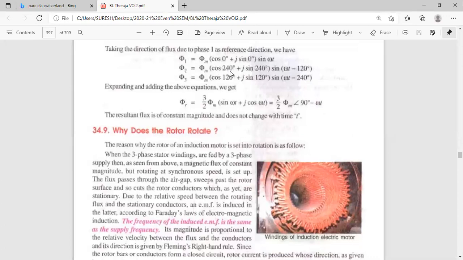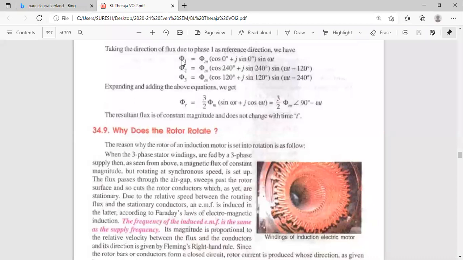If you take the clockwise direction, it is 0, minus 120, minus 240, total 360 degrees. If you take anti-clockwise, it is 0, plus 120, plus 240. We have already seen this in three phase.